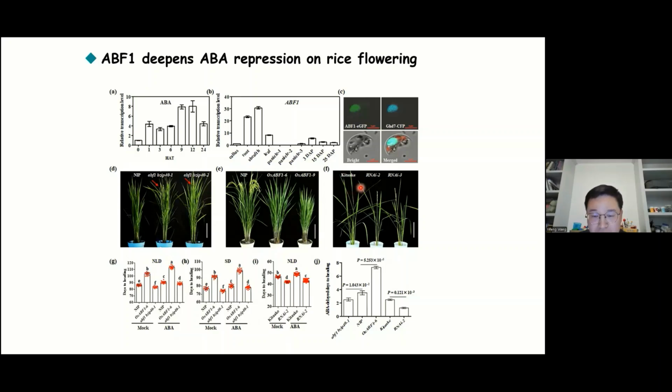In line with this, we also generated ABF1 RNA interference lines, and they also showed early flowering compared with the wild type.